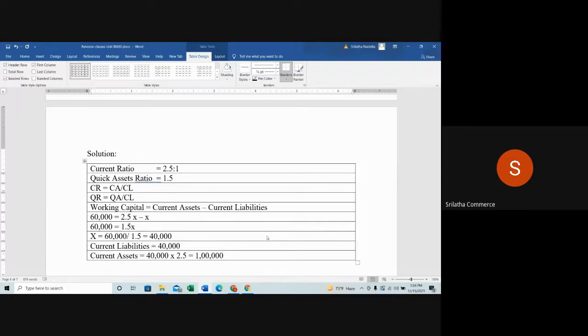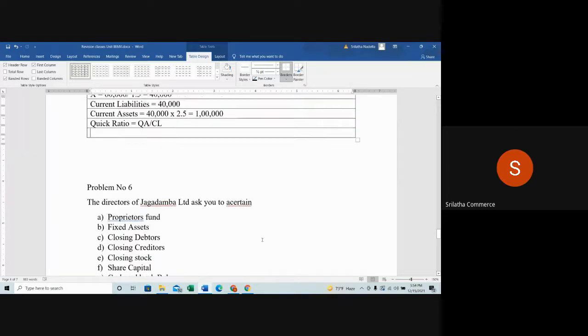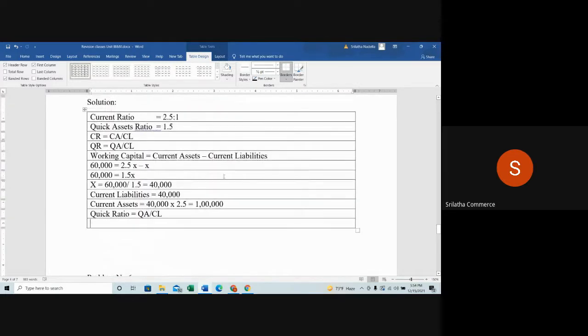Current assets minus quick assets, next we can find out quick assets. What is your quick ratio? Quick ratio is equal to quick assets divided by current liabilities. Now you know the quick ratio, 1.5.